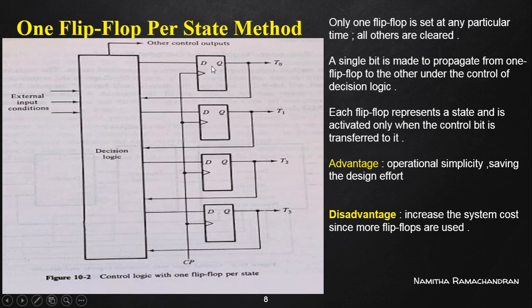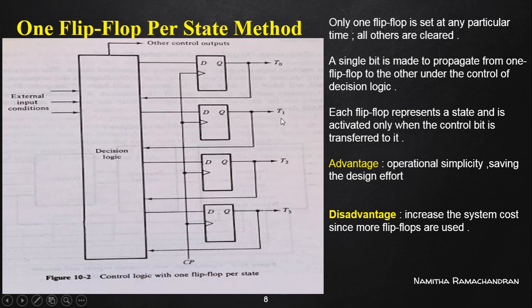Actually, that control bit is propagating through these 4 different flip-flops. And if this decision logic wants to activate this particular state, we want to activate this particular flip-flop now. For activating this, the decision logic makes that control bit available here now. Okay, so this is the working of this one flip-flop per state method.